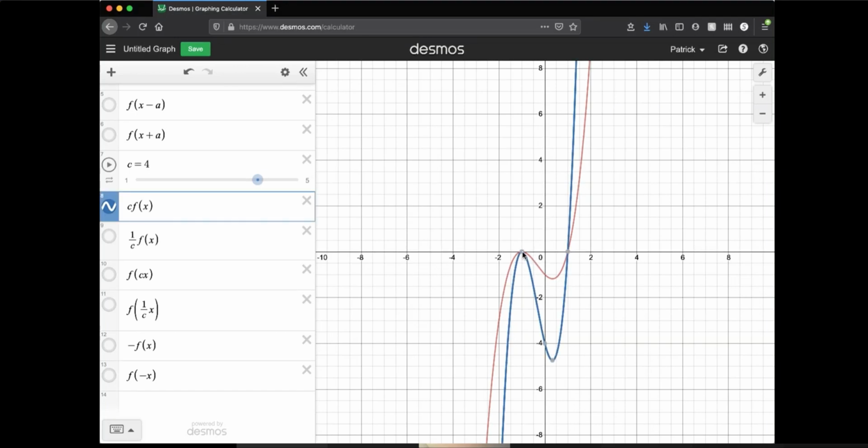Why don't we plot these points? So we have -1, 0. This time we have 0, -4, and we have 1, 0. Plot those 3 points, and notice that this thing gets stretched vertically away from the x-axis.